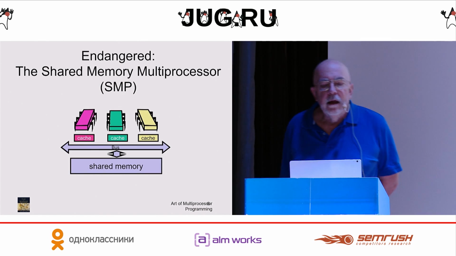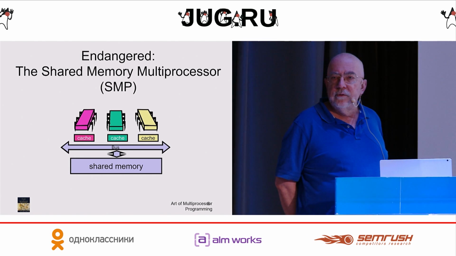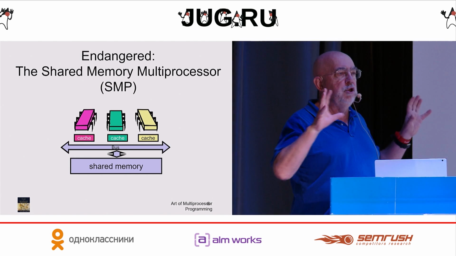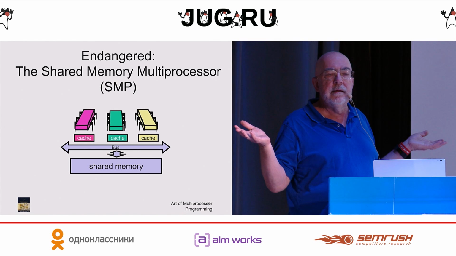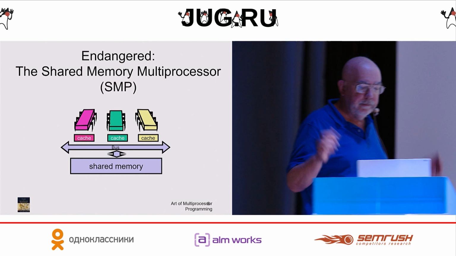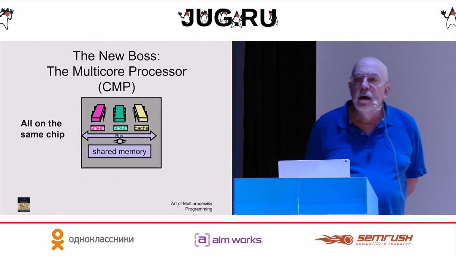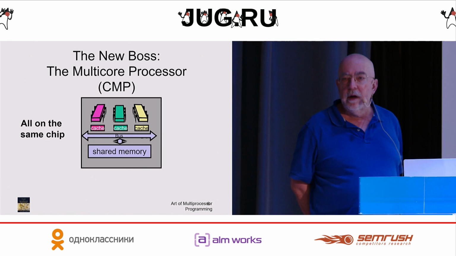After that, people built shared memory multiprocessors. These were separate chips that had processors and separate memory chips that were connected by some kind of a bus or communication line. Today, what everyone builds is what's called a multicore processor.